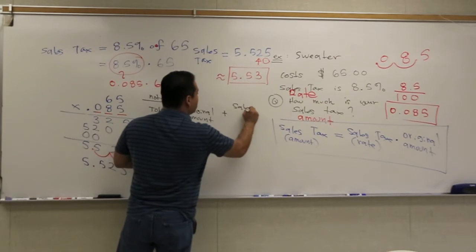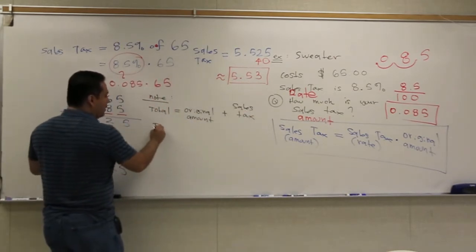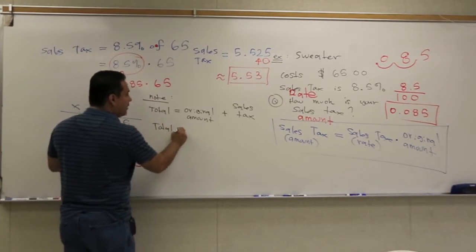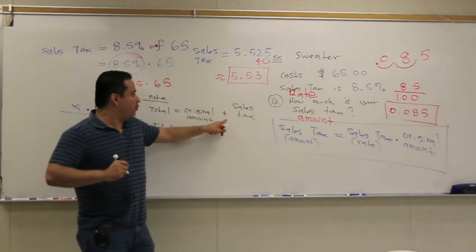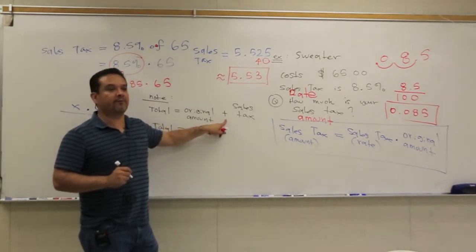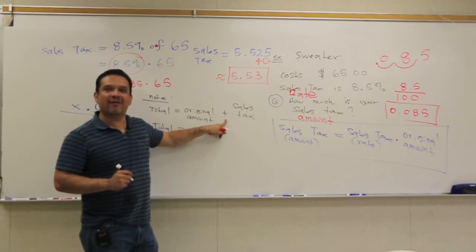The sales tax. Do you guys believe that? Is that really how this model works? Is that how the real world works? So the real world uses addition? Yeah. Did you guys realize that? In the real world, there's mathematics. Oh, isn't that horrible? In the real world, there's math.